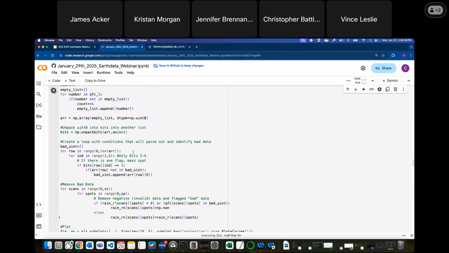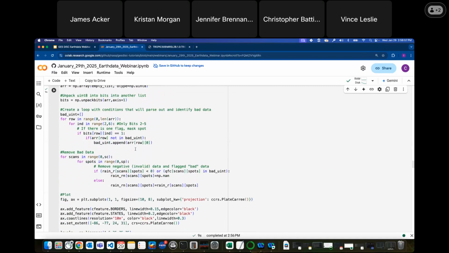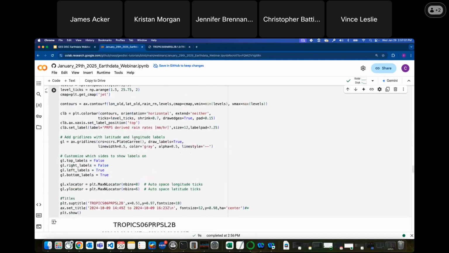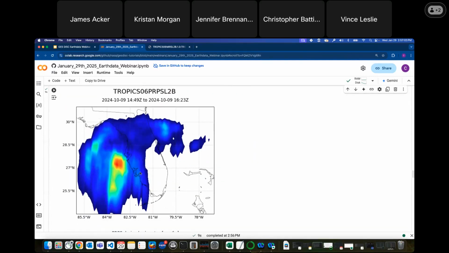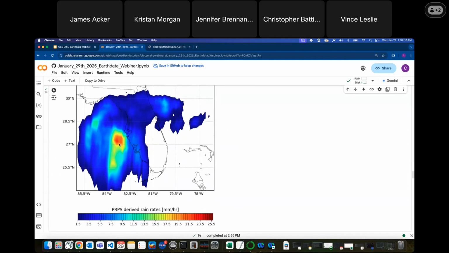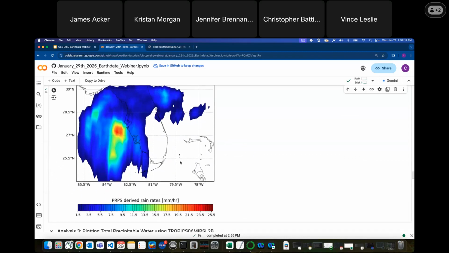And if in this case there's only one quality flag, then we write it to not a number. So we're a little bit stricter about the quality controls here with our PRPS plot. And then we wind up with a slightly more zoomed in version of the plot that you saw Kristen show earlier, with rain rates approaching nearly 25 millimeters per hour. It's just an amazing amount of rain.